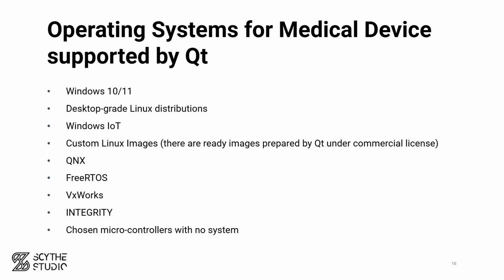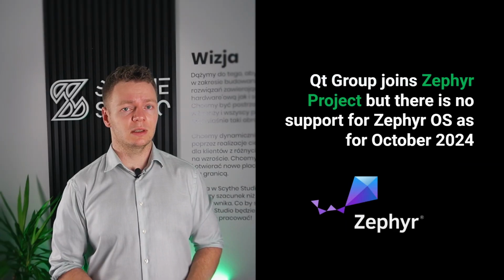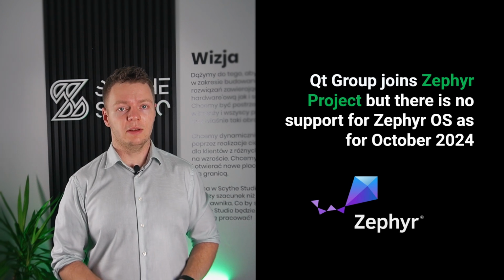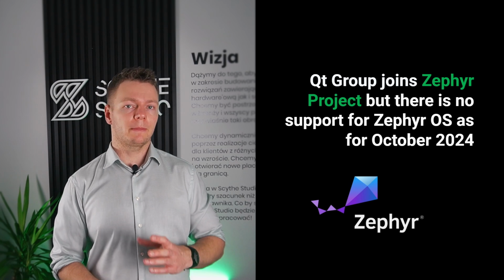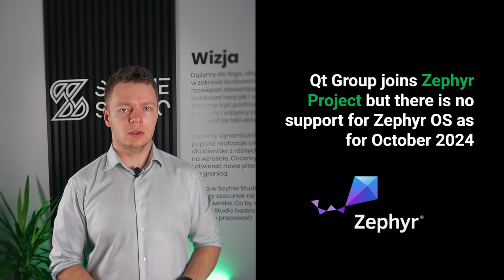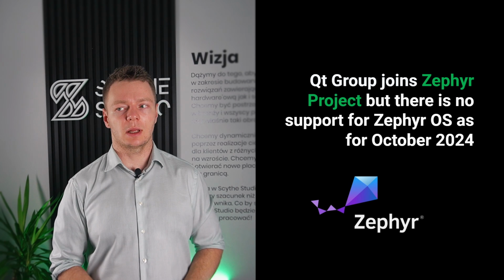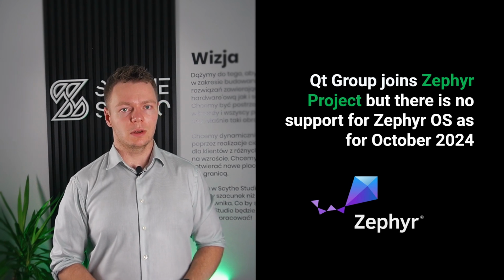You can develop also software for FreeRTOS, for VxWorks, for Integrity, and also for chosen microcontrollers with no system. Unfortunately, as of the day I record this course, there is no support for Zephyr. Zephyr is a popular RTOS system, but Qt joined the Zephyr project, so we can expect support for this system rather shortly.